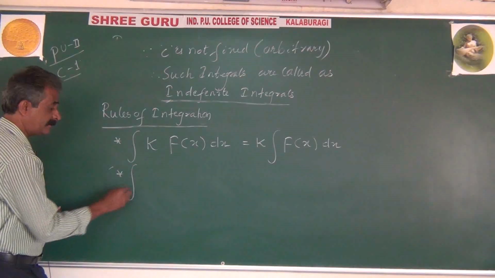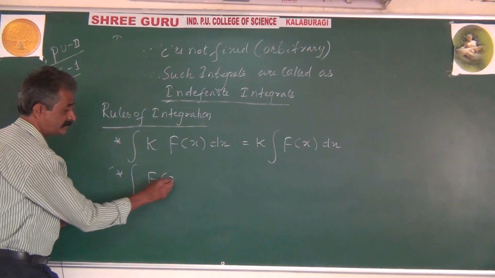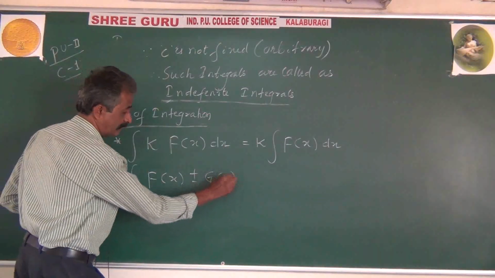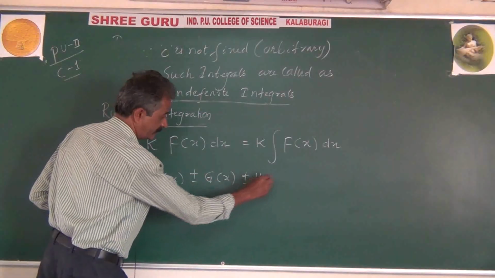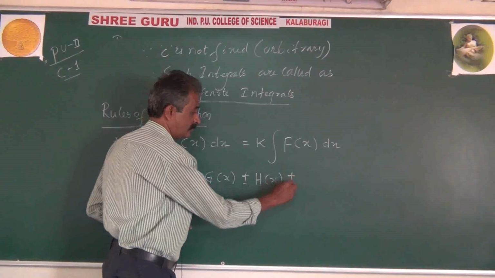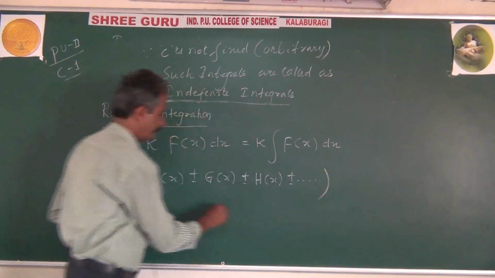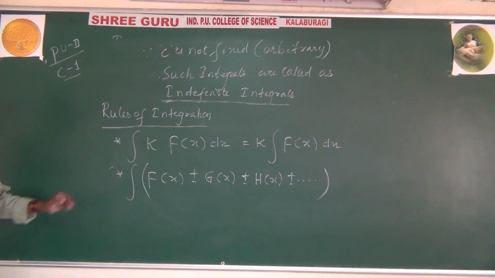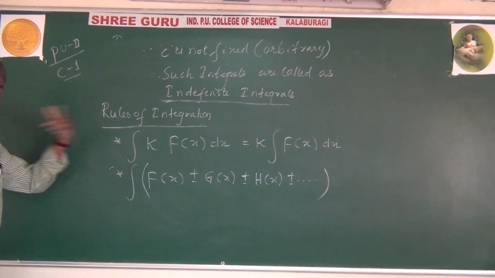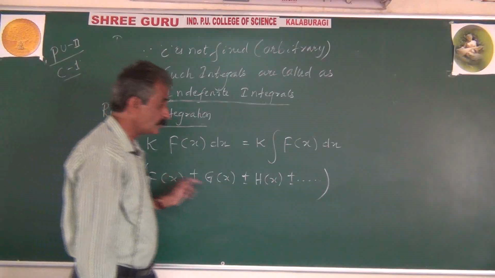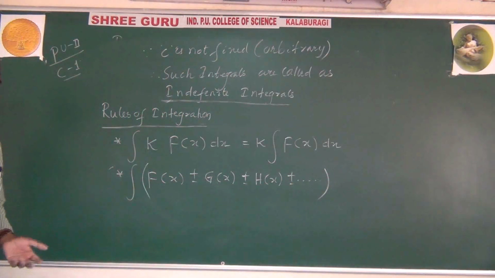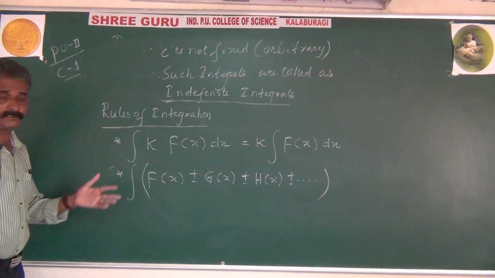Next, integration of f of x plus or minus g of x plus or minus h of x plus or minus, and so on. Meaning the integration of a sum or difference of two or more functions will be equal to the sum or difference of two or more integrations accordingly.